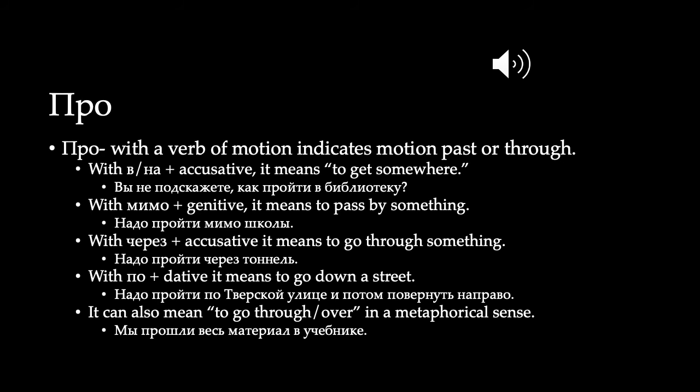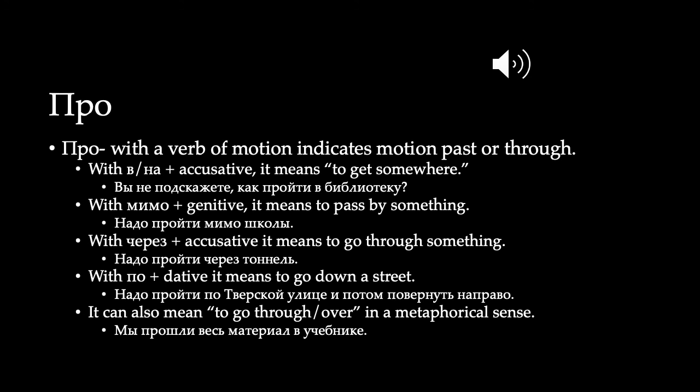We can also use it with мимо plus the genitive to mean passing by something. For instance, надо пройти мимо школы. You need to walk by the school or you need to walk past the school. We can also use it with через plus the accusative to mean to go through something. For instance, надо пройти через тоннель. You need to go through the tunnel.